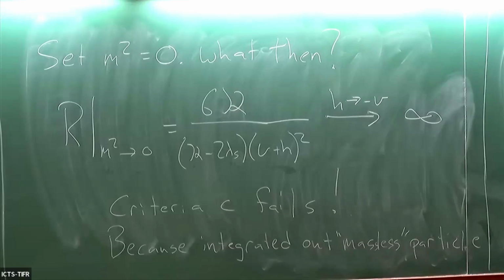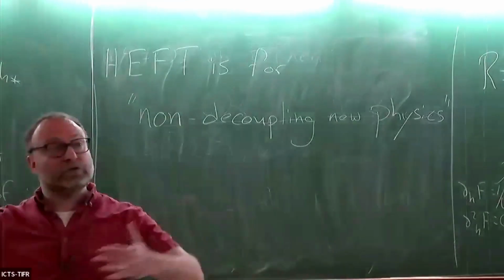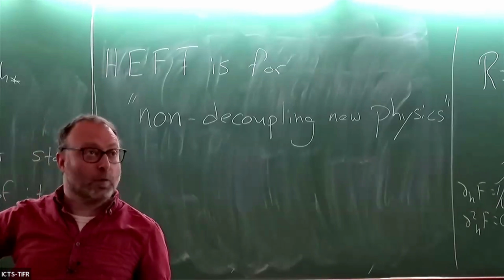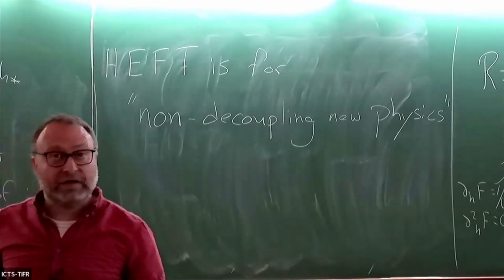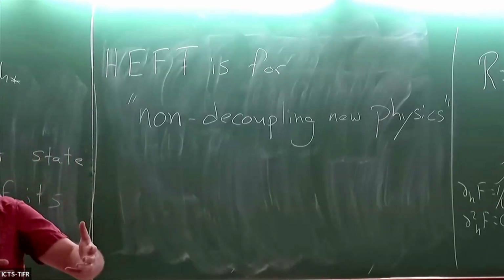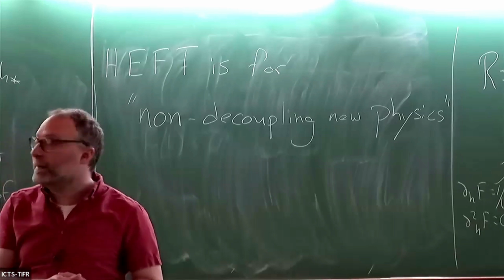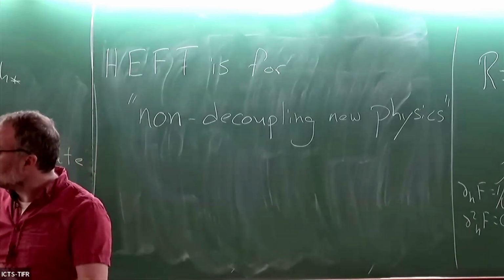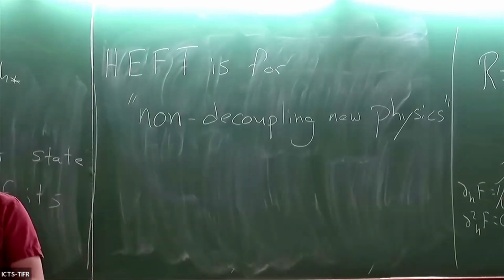Once I've set the VEV to 246 GeV, I can't make the Higgs boson arbitrarily heavy, because the Higgs boson depends on, well, it depends on how you write it, but the Higgs boson is coupled to V. I can make the Higgs as light as I want, but I can't make it arbitrarily heavy. In the same sense, if I added a second Higgs doublet, or a Higgs triplet, which are things we talk about in the paper, that's another example of a way we could have non-decoupling new physics by adding new perturbative states.